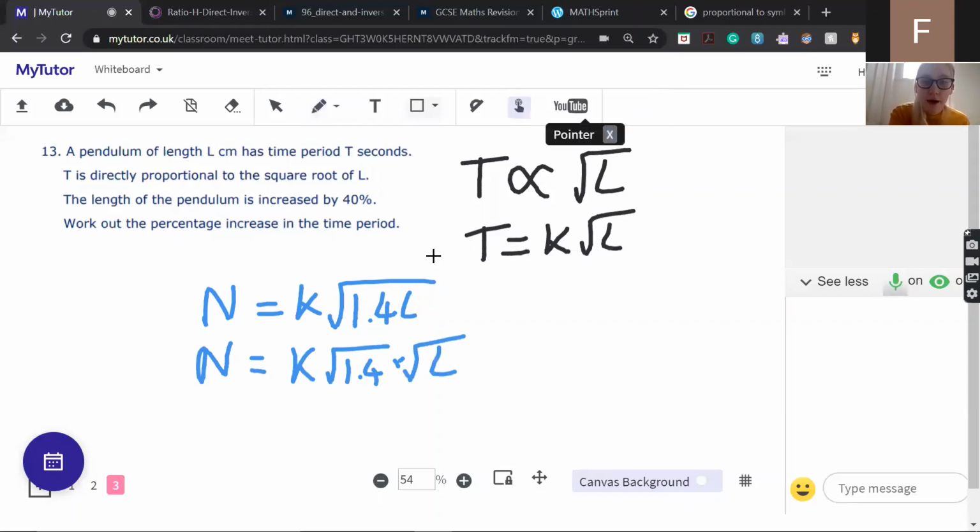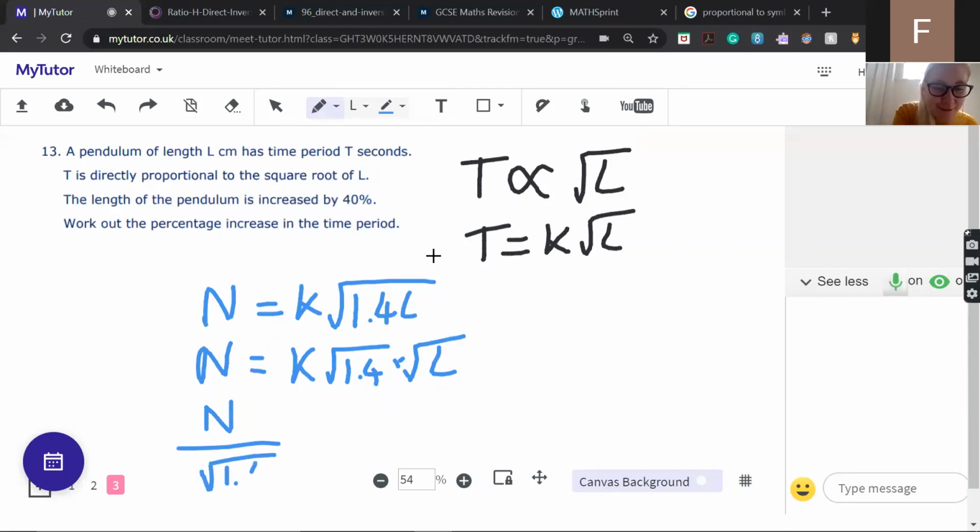This is from laws of roots, so hopefully you know that. If things are multiplied in the square root, you can break it up. And then we'll divide. So yeah, okay, I've understood. So we can divide by root 1.4.